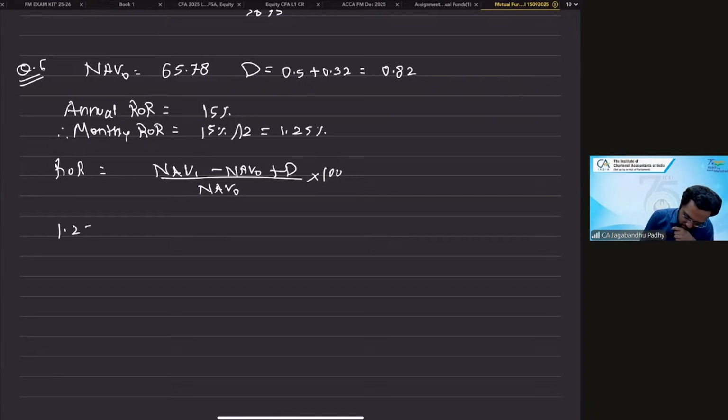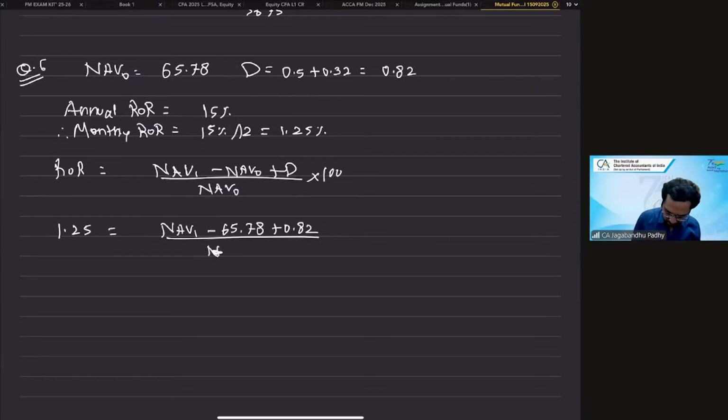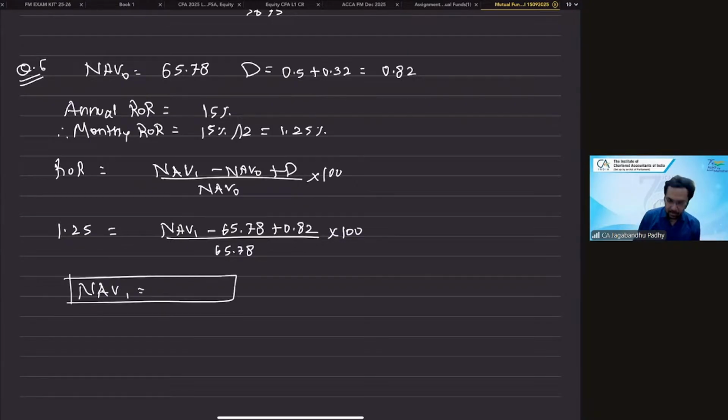So 1.25 equals NAV1 minus 65.78 plus 0.82, upon 65.78, into 100. Can you solve this equation and give me the month-end NAV?